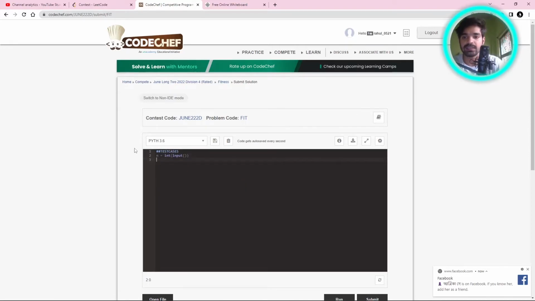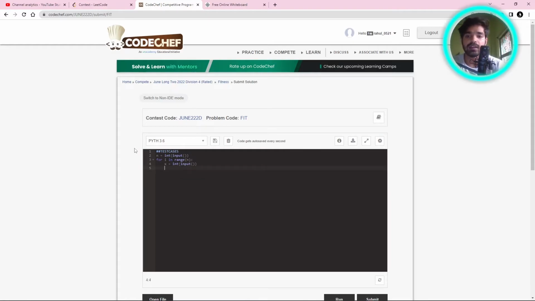N is the number of test cases, and within the test cases we have all the values. For the number of test cases, say 4, we will take 4 inputs. If N is 5, we will take 5 inputs. That's why we need a for loop. For i in range n, now we will take an input x, which will be of type integer.